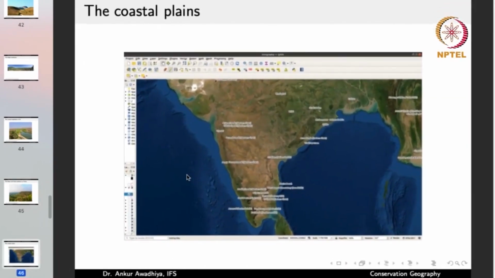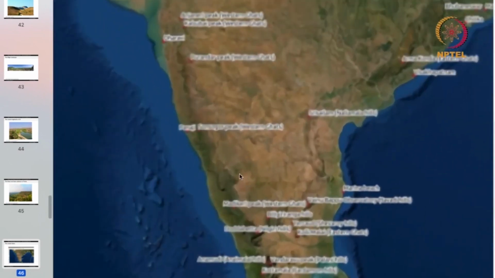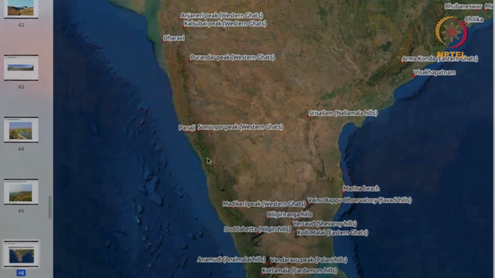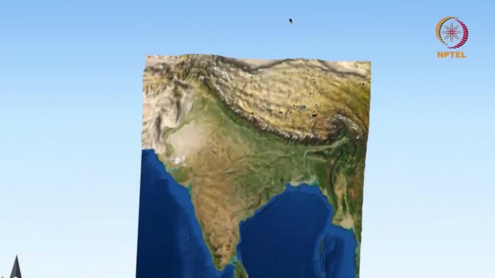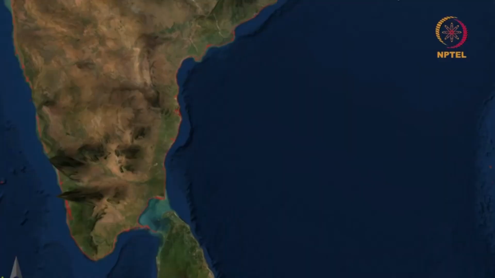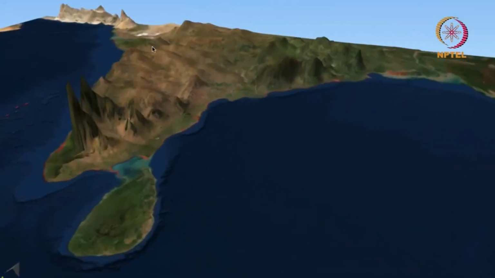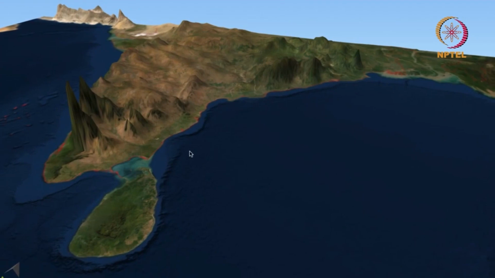Now after the peninsula we can talk about the coastal plains. In these coastal plains we have a large number of ports and shipyards. So this is the coastal plains. Now the coastal plains, as the name suggests, are near the coast and they are very plain areas.